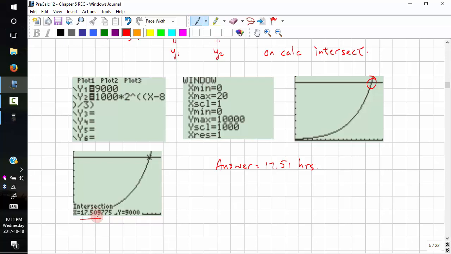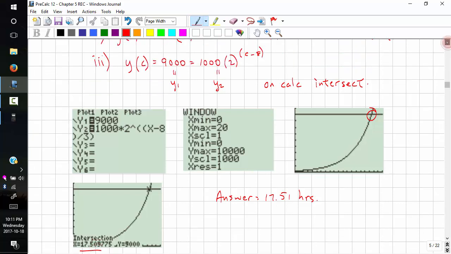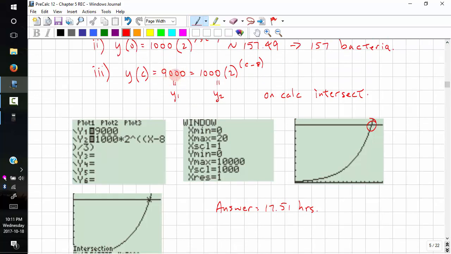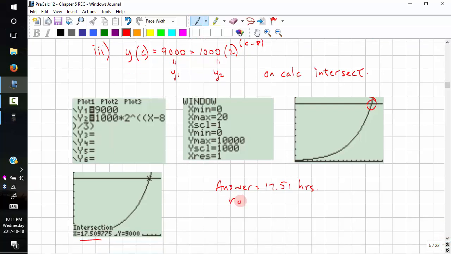If rounding off means you round down, you won't actually get 9,000. And depending on your teacher, that might be good enough or not. But I say the right way to do this is to round up. Otherwise, you are short bacteria.